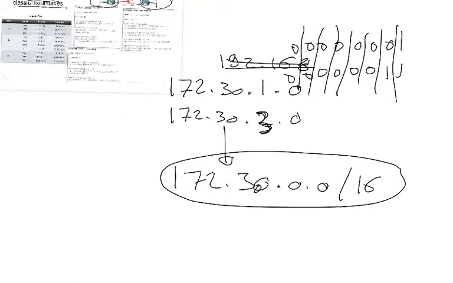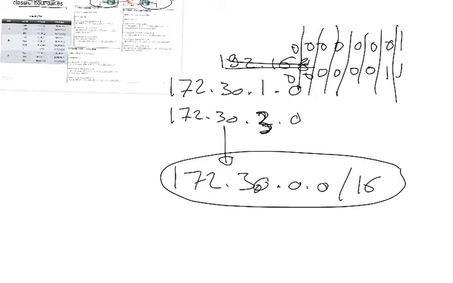So the main difference between EIGRP and RIP is the fact that EIGRP communicates the subnet mask. However, it does not actually support auto-summarization at non-classful boundaries, which is a drawback. And we will see OSPF.